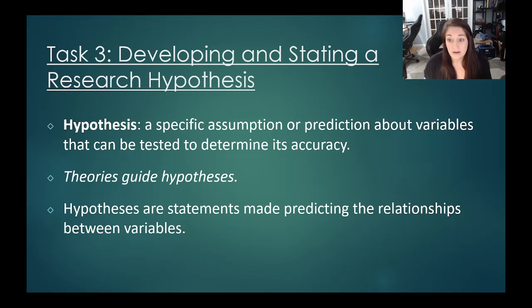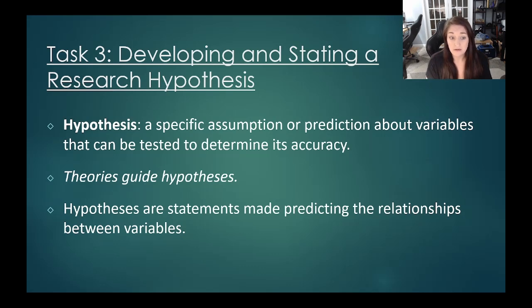So theories guide hypotheses. Once you've decided on a theory that is relevant enough and is where you feel most capable working under in terms of a guide, those hypotheses will align with that theory. It will align with what other people have done under that theory. So this is the point where you make that specific assumption or prediction about variables.